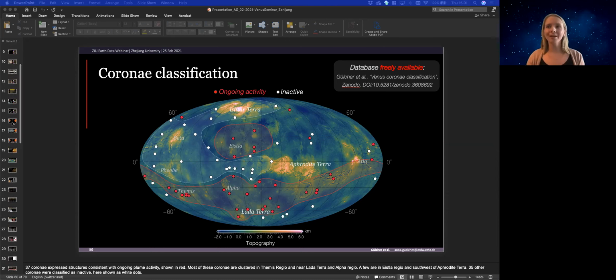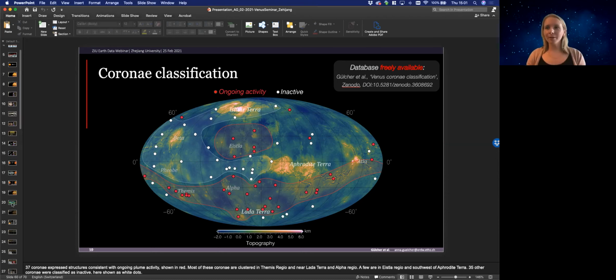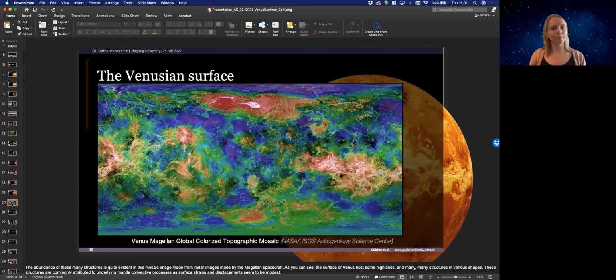So if we say something about the Venusian tectonics, I think we have to come up with a different word or use older terms that is not plate tectonics, but maybe plume tectonics or whatever you would like to say it.